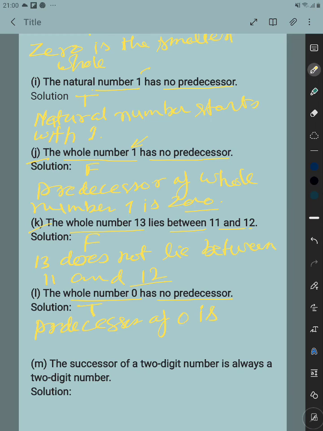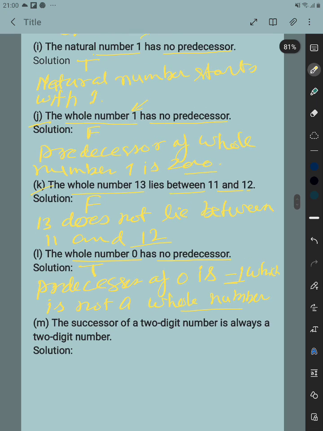If you subtract 1 from 0, you get -1, and -1 is not a whole number. Therefore 0 doesn't have any predecessor. This is true.